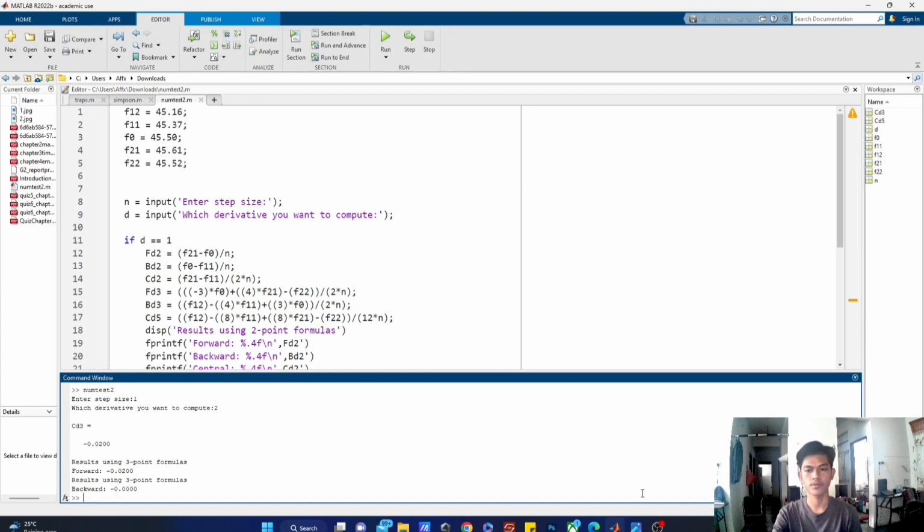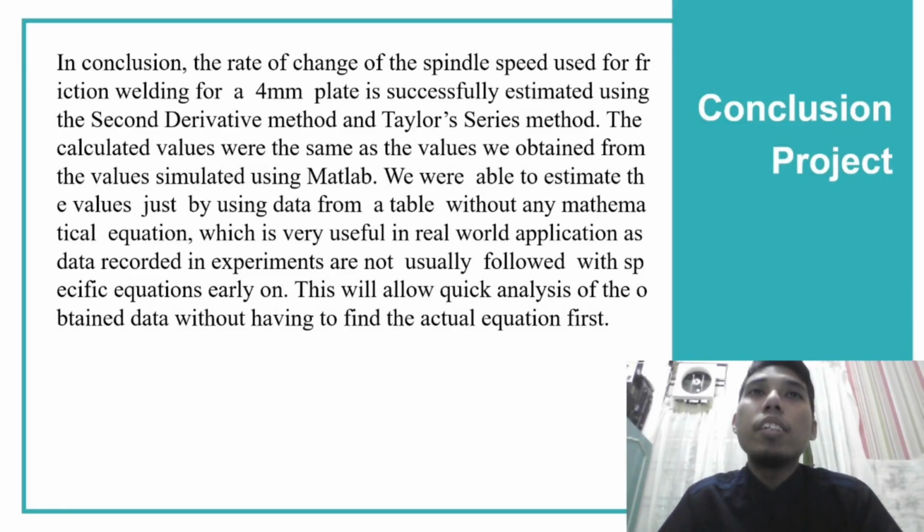In conclusion, the rate of change of the spindle speed used for friction welding of a 4 mm plate was successfully estimated using the second derivative method and also the Taylor series method. The calculated values were the same as the values that we obtained using MATLAB.